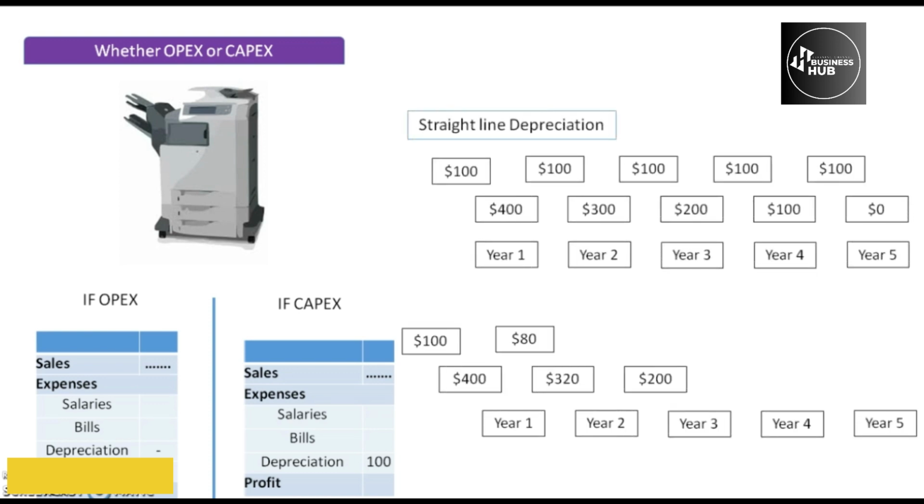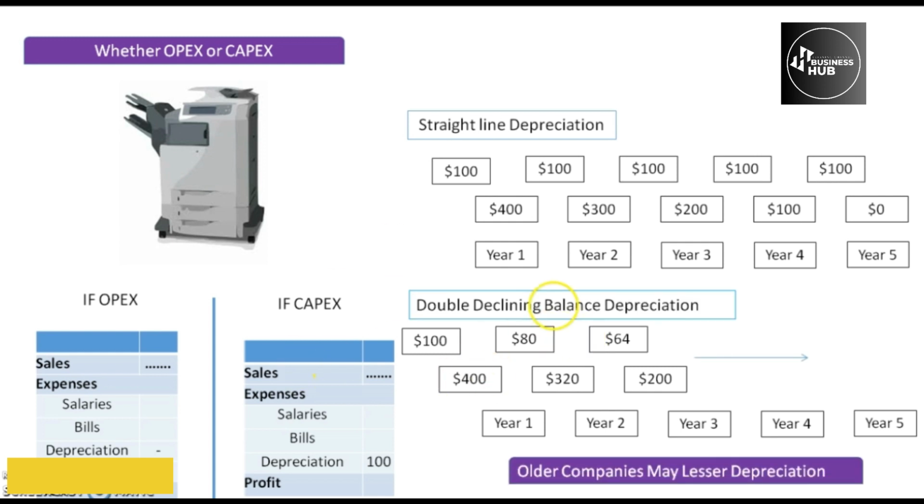There is a third way in which depreciation affects the P&L statement, and that is there are two ways in which depreciation is considered. First is straight line depreciation, that is every year the same value is subtracted from the P&L statement.